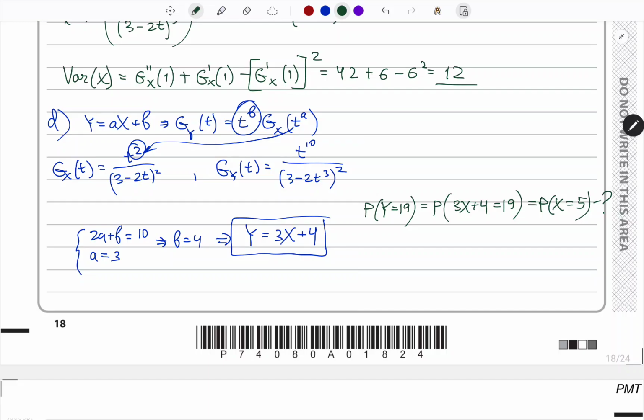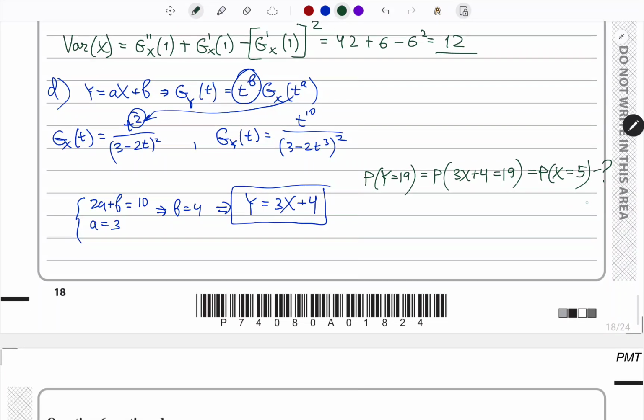Probabilities can be found from the decomposition of the probability generating functions. It's t squared over (3 minus 2t) squared. That was the original form of the PGF of x.